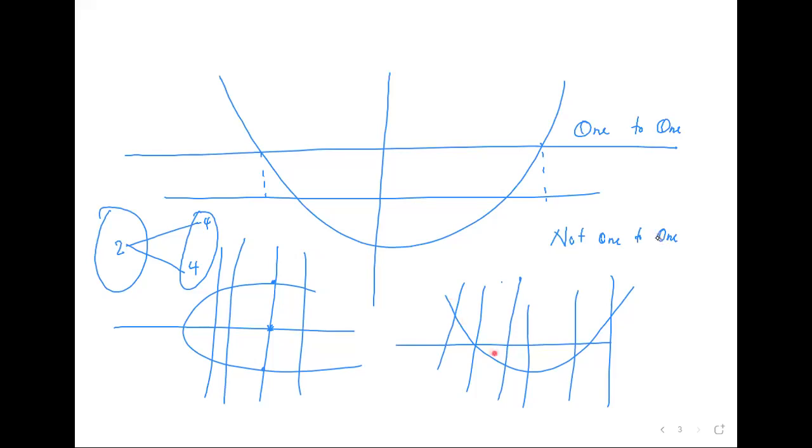If we have such a curve, and the vertical line touches the graph once, then it's a function. Then we have another one where the line touches twice. If this is 2, then you have +4 and -4. Then it's not a function.